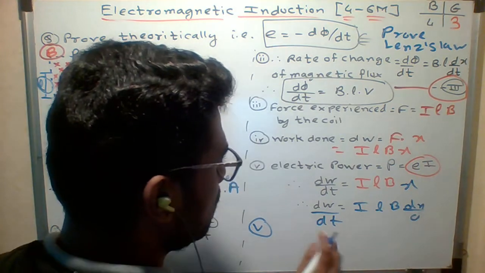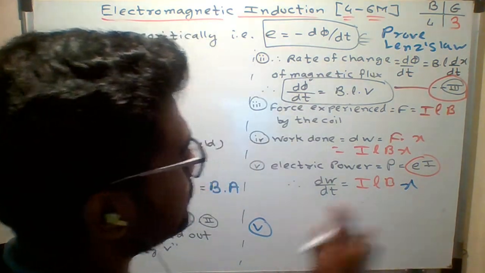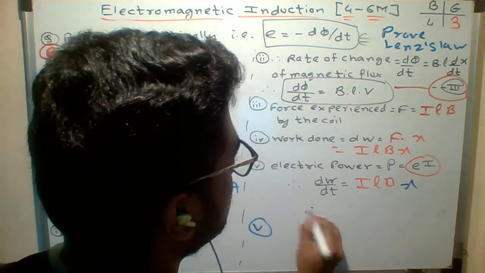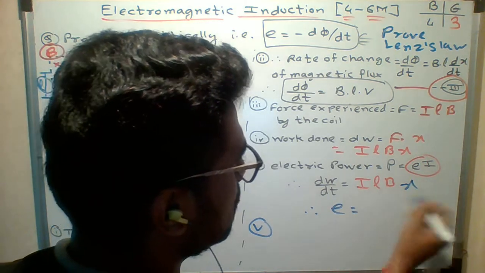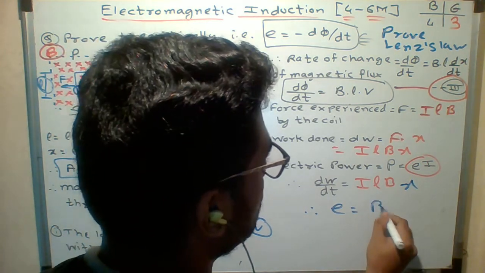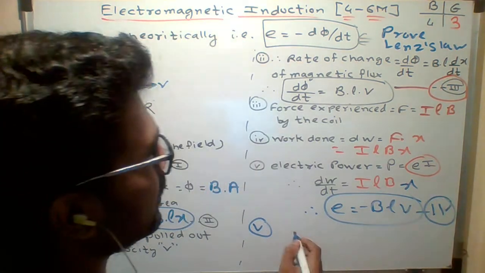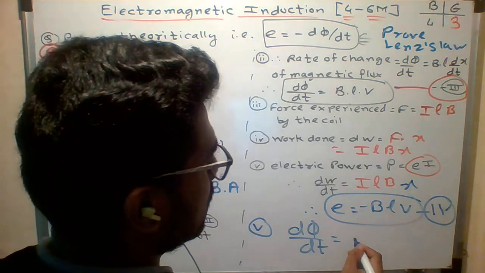So here you will get dW. Students, finally we will get d phi by dt and dW by dt. Here I will get E equals to, if I put the value, E equals to minus B L V. So from 1 and 2, d phi by dt is minus E.